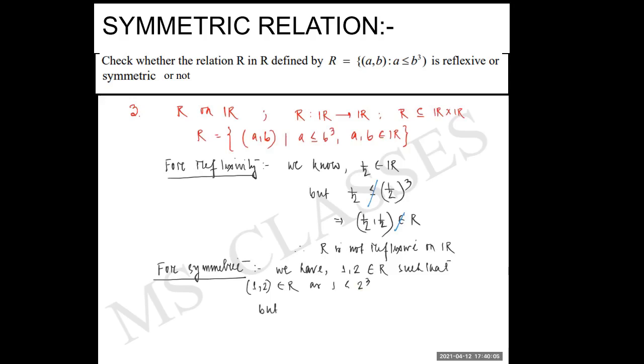But 2 comma 1 does not belong to R. Why? As 2 is not less than or equal to 1 cube. So you can see 1 comma 2 belongs to R, that is 1 is less than 2 cube, but 2 comma 1 does not belong to R, because 2 is not less than or equal to 1 cube. So, therefore R is not symmetric.